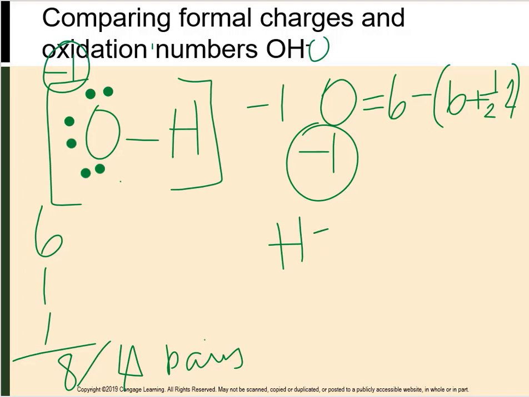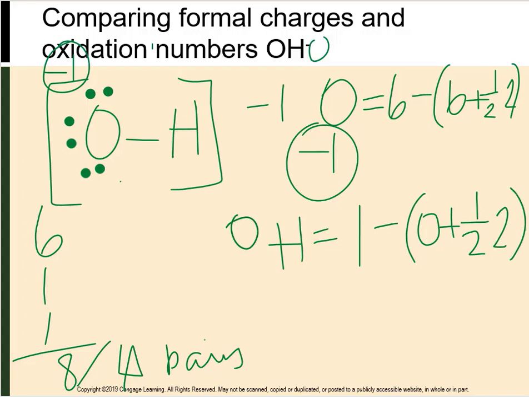And if I look at hydrogen, we have 1 valence electron minus 0 lone pairs plus half of 2 electrons in that bond that hydrogen is attached to the oxygen, so half of 2, which is 1. 1 minus 1 is 0. Hydrogen's formal charge is 0. And if we look at both, I've got a -1 and a 0 to give me that overall charge of -1 for that compound.